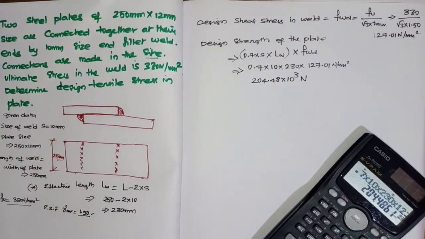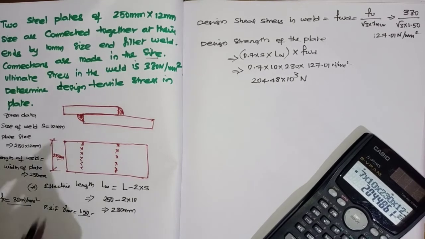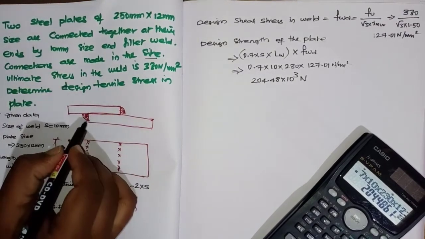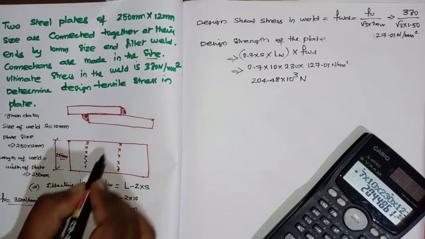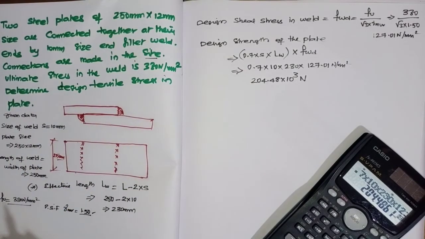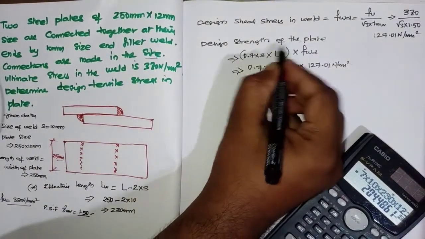Now, up to here, this is the strength of weld. But see here, if I take this joint, here it is welded, here it is welded, which means two sides are welded. The design strength calculated is for a single weld.